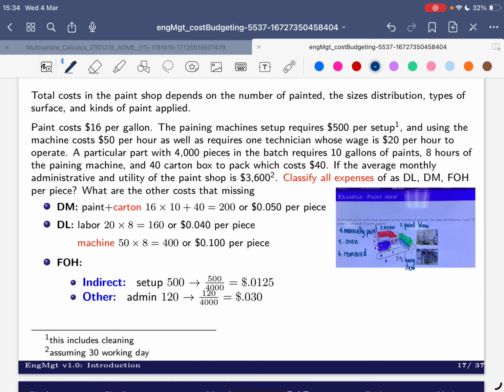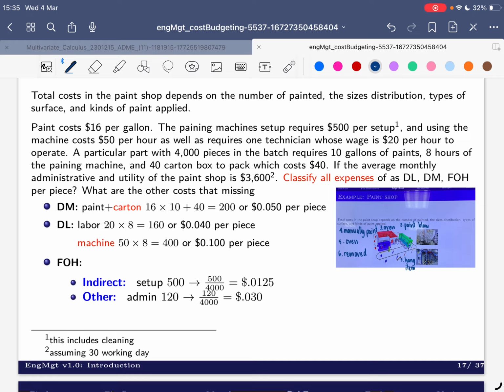Using the machine will cost you $50 per hour. And this includes electricity, and this includes gas in the oven as well. And it requires a technician. The wage of the technician is $20 per hour to operate. This is general information that I come up with.